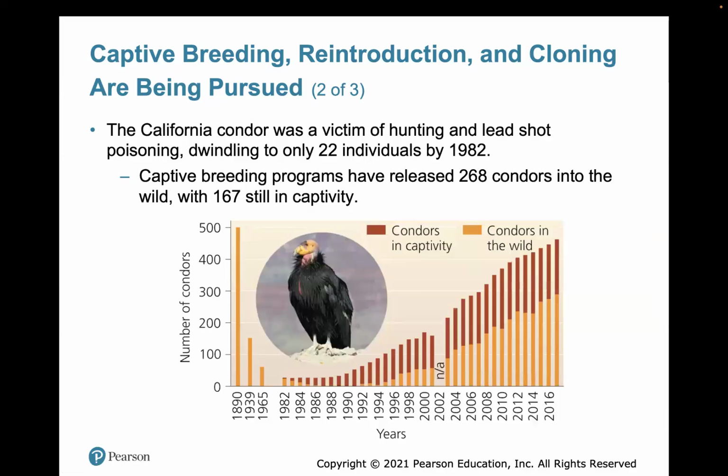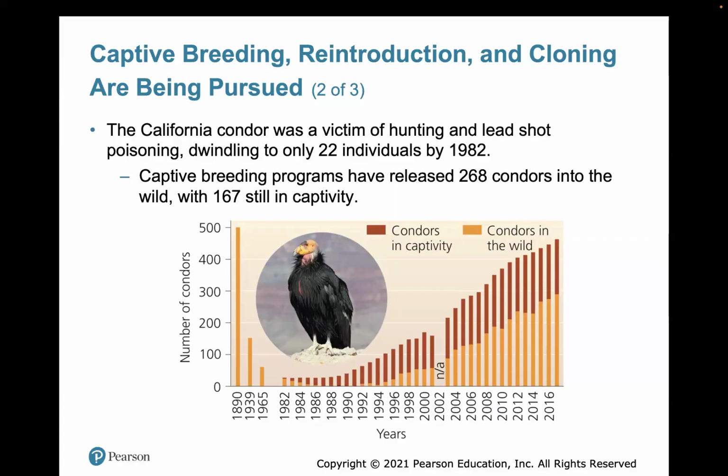So here's an example of the California condor. This was a victim of hunting. Condors are harmless scavengers of dead animals, but people shot them for sport. Then there was some lead poisoning, and some of them collided with electrical wires.